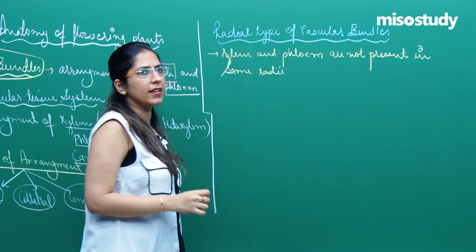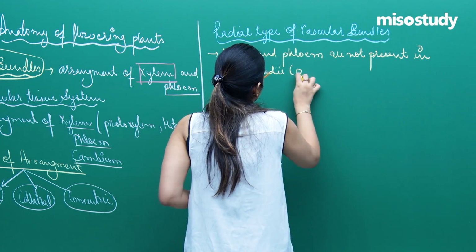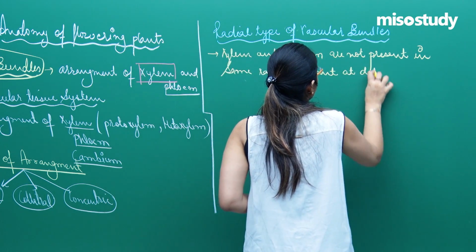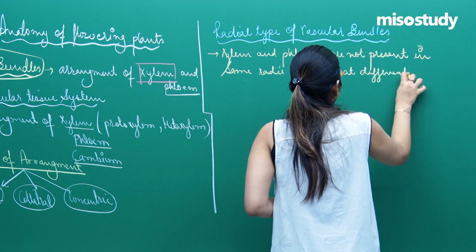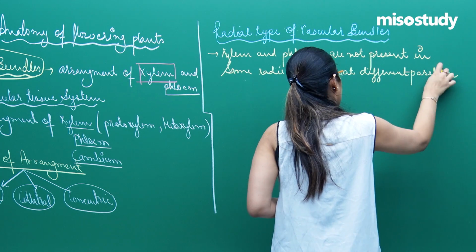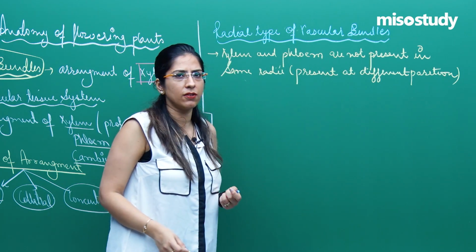That means they are arranged at different positions. This is called a radial type of vascular bundle.